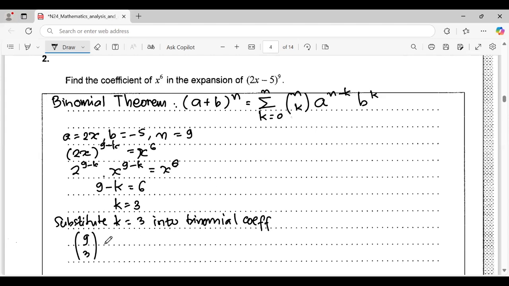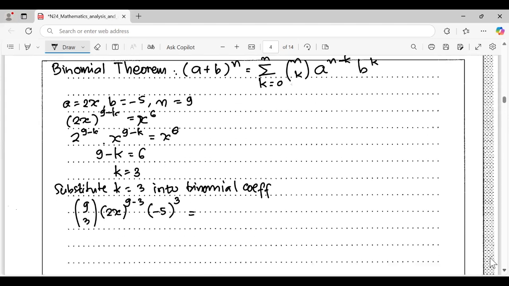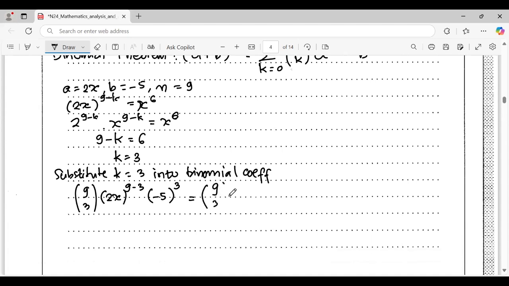The combination 9 choose 3, times 2 power n minus k, which is 9 minus 3, is 6. b equals minus 5, power k equals 3. So it becomes combination 9, 3 times 2 power 6 x power 6 times (minus 5) cubed. Combination 9, 3 equals 84. 2 power 6 is 64. And minus 5 cubed is minus 125, times x power 6.